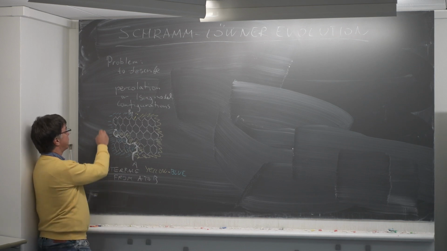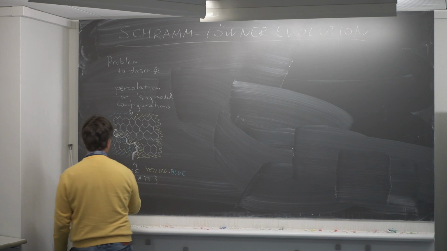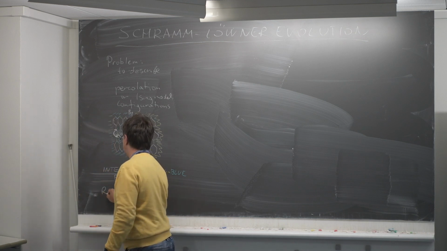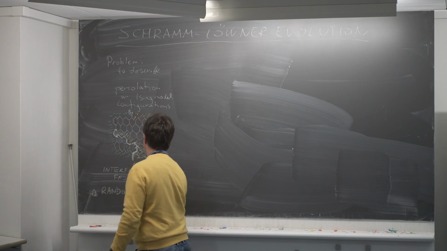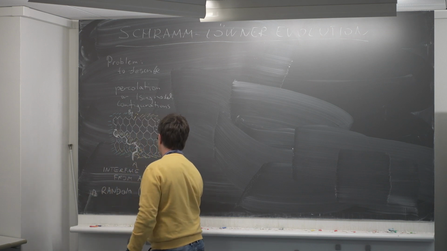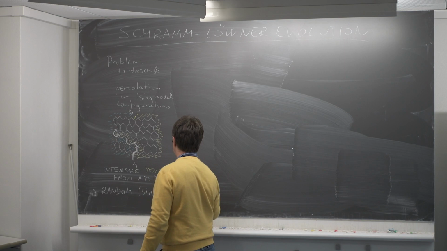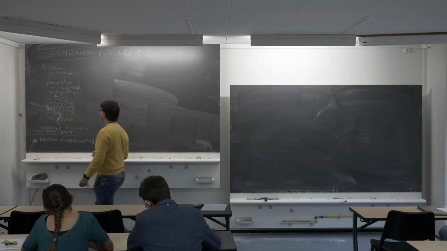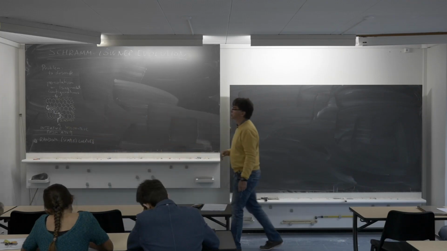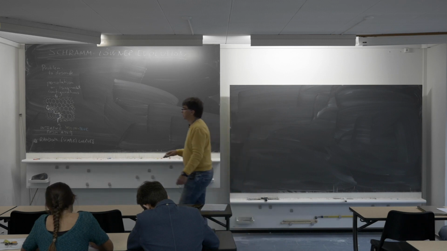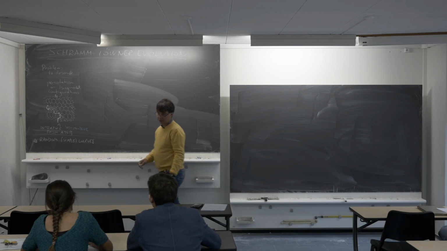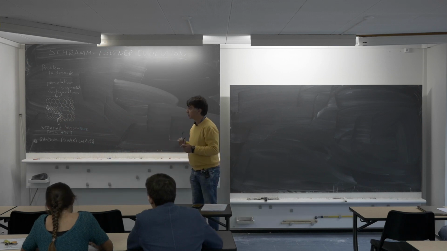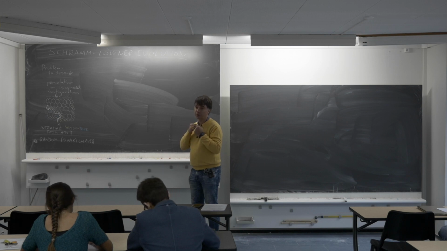So the question is, you have this. What is an interface? It's a random simple curve gamma. How to describe it? That's the question which Schramm posed: instead of describing the full picture, we just describe this curve. And then the hope is that once we describe one curve, we'll be able to do everything in some way or another.